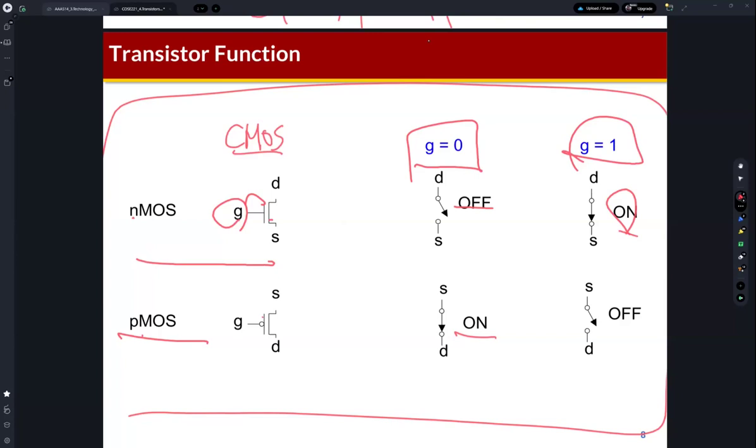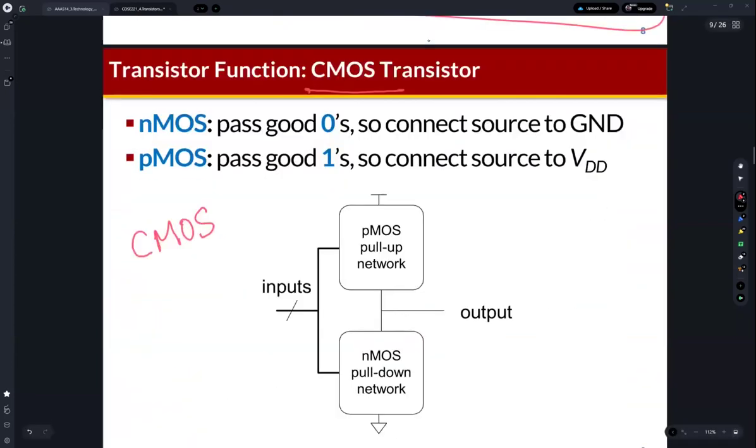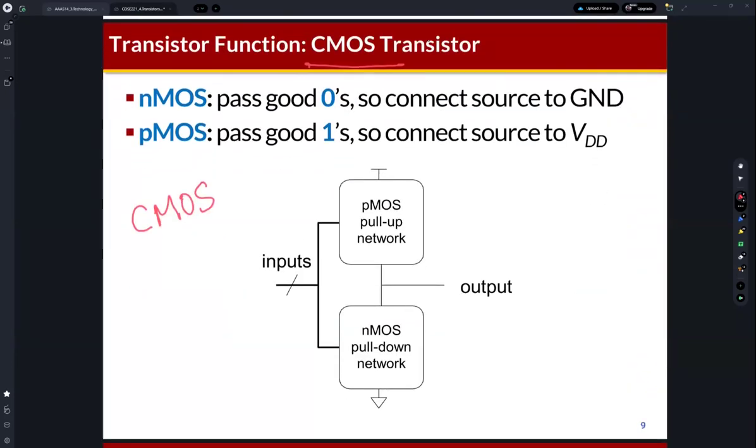But actually, the real behavior of a transistor is analog, so the voltage level is changed continuously. We just understand the NMOS and PMOS transistors like digitally working switches, but in the real world it's not true.